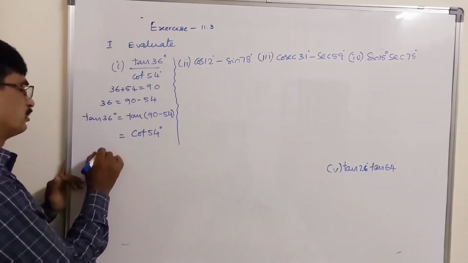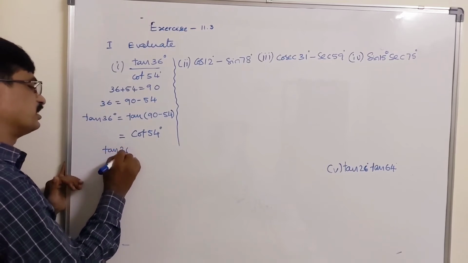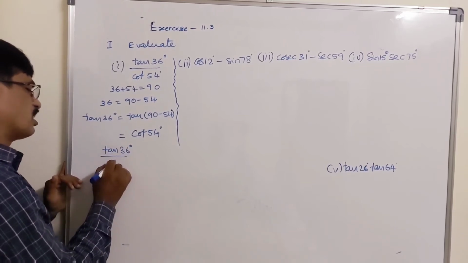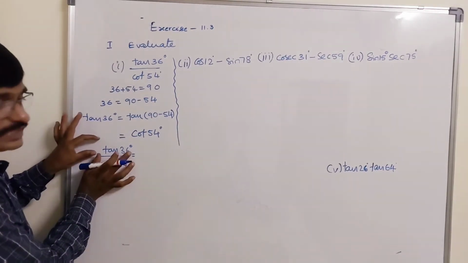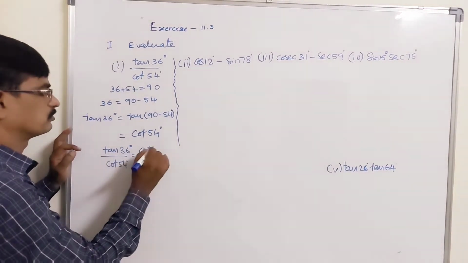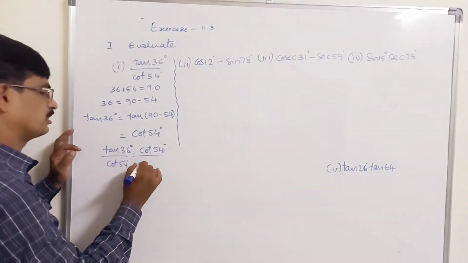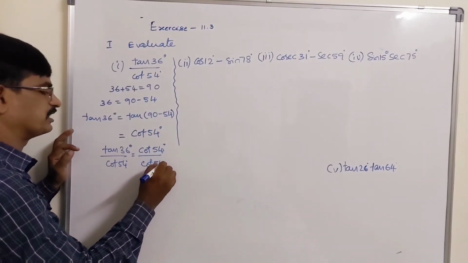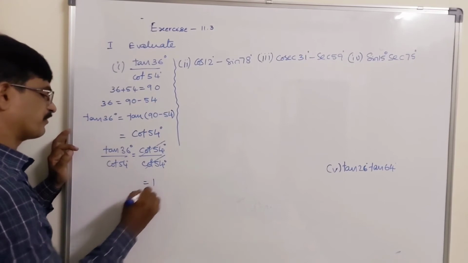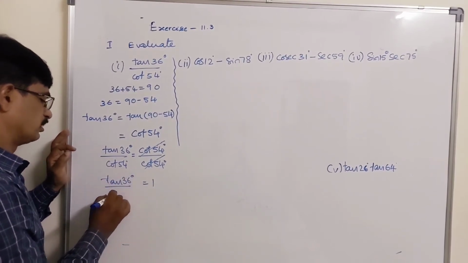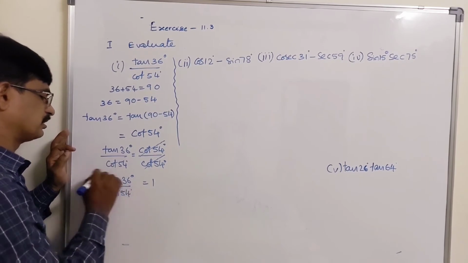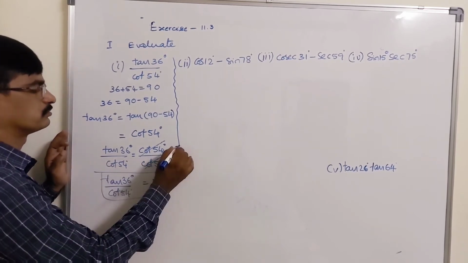In the question, tan 36 degrees by cot 54 is equal to tan 36 replaced by cot 54 by cot 54 degrees. Both are cancelled. Finally the answer is 1. So tan 36 by cot 54 degrees is 1.